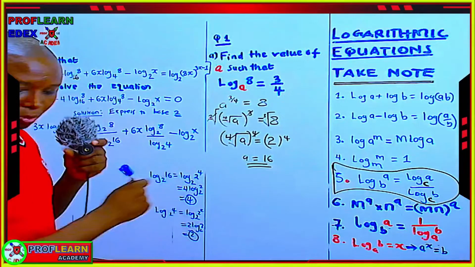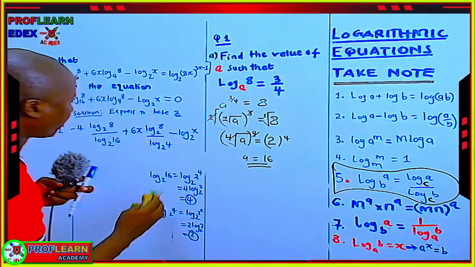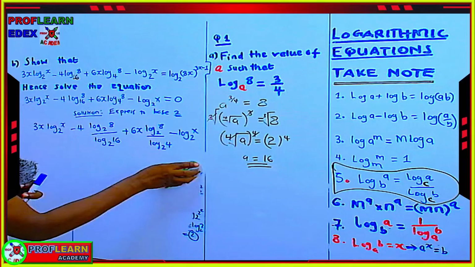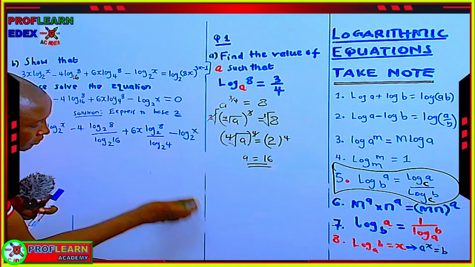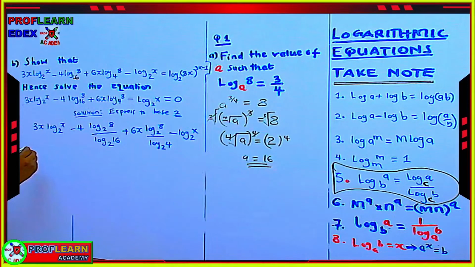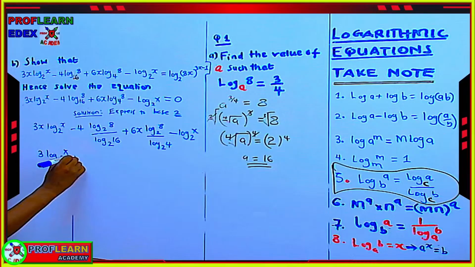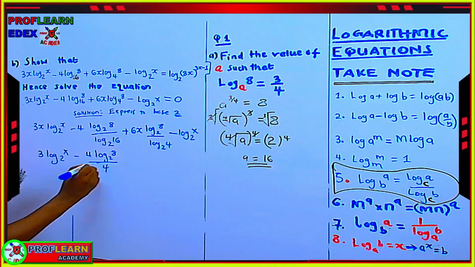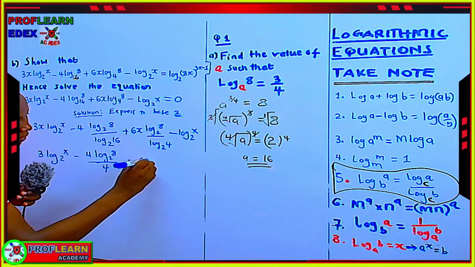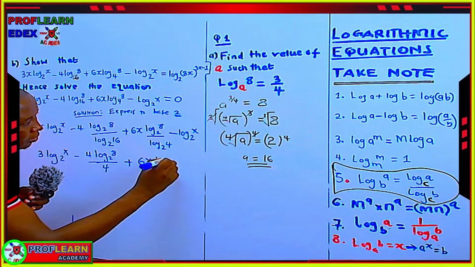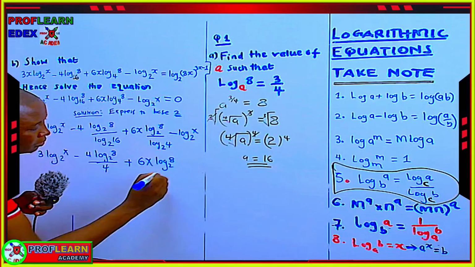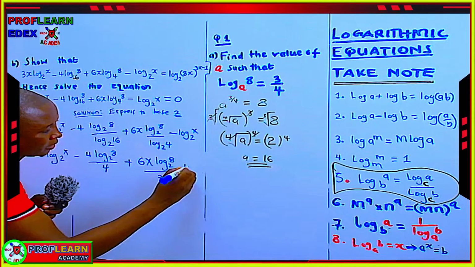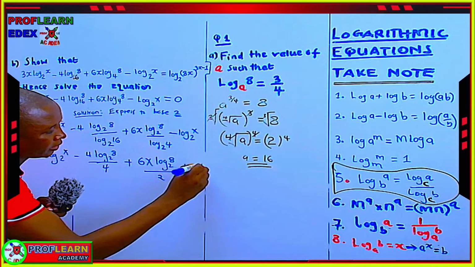So our new expression now will become 3x log x base 2 minus 4 times log 8 base 2 over 4, plus 6x log 8 base 2 over 2 minus log x base 2.